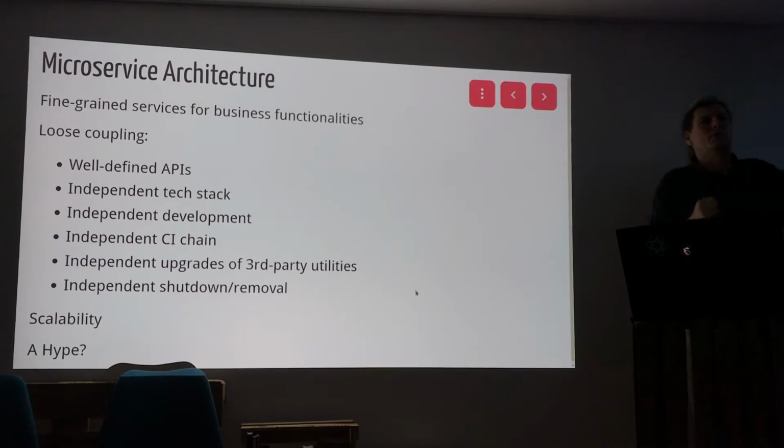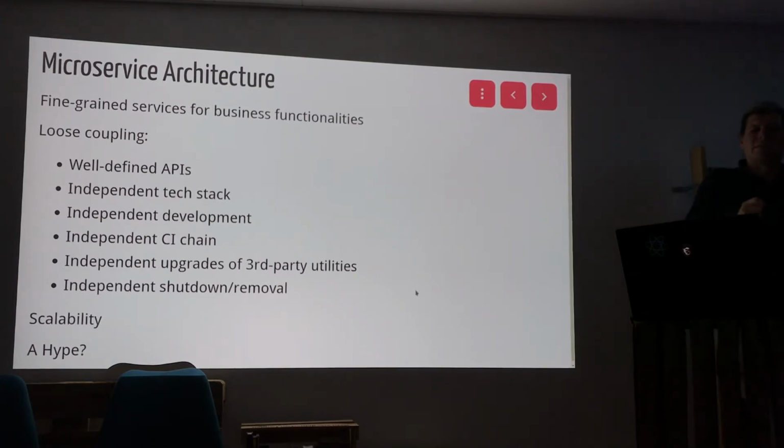Now, if you can restrict such an upgrade or a technology change to a particular microservice, then you just do it where it really benefits you, and you leave the other microservices as they are.